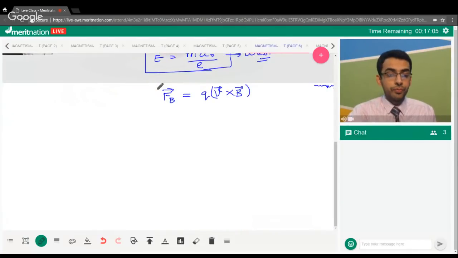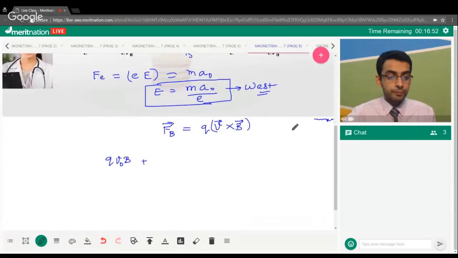Now, as they are perpendicular to each other, we can say e V naught B plus e E is equal to m times 3a naught. Sorry, we should write it as e v naught because e is the charge of the proton.